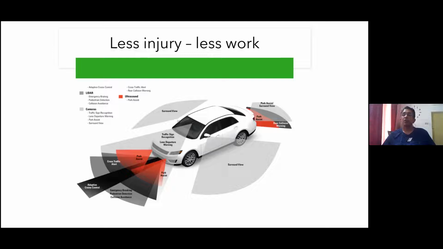If there is an old gentleman who suddenly decides to cross across your car, ultrasounds or radio frequency signals can go hit the gentleman like a bat, come back and tell you to stop. So this way there would be fewer accidents and less injury, and therefore this would make the ventilation much safer.